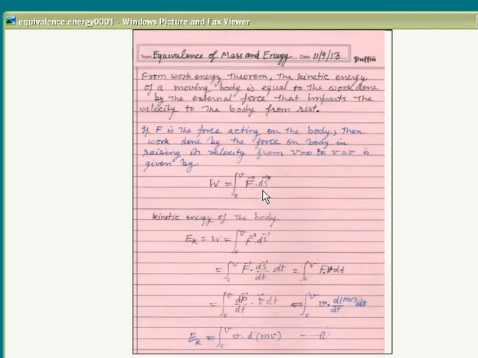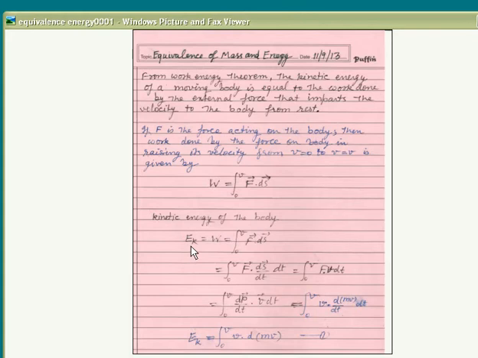So F dot ds is the work done. But how much work is done in totality when this particle acquires the speed from 0 to v? That will be the total kinetic energy of that particle in motion. So we can define kinetic energy in this way.